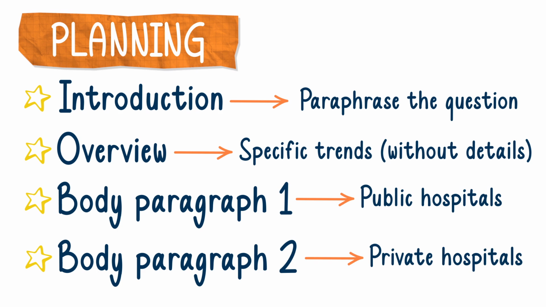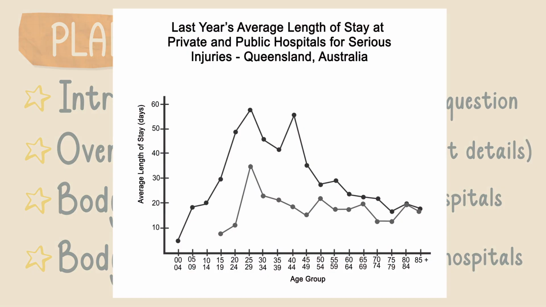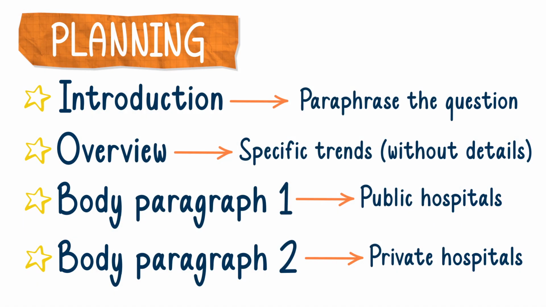That would be a very good way of grouping the data here because we have two categories and the information for each category is a lot. So we cannot actually group the data based on age groups. That would be a little bit challenging for you. So in the first body paragraph, you can write about public hospitals, and in the second body paragraph, you can write about private hospitals. All right, that would be the best way to group data here.